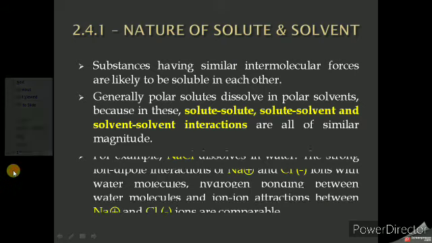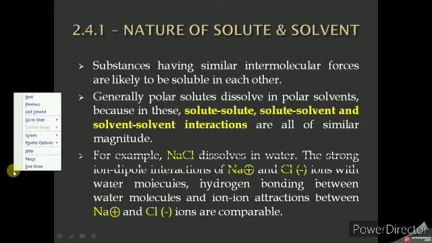For example, NaCl dissolves in water. Here NaCl is in solid state, water is in liquid state. NaCl is the solute, water is the solvent. If you observe this solution, there is a strong ion-dipole interaction of cation Na+ and anion Cl- with water molecules.